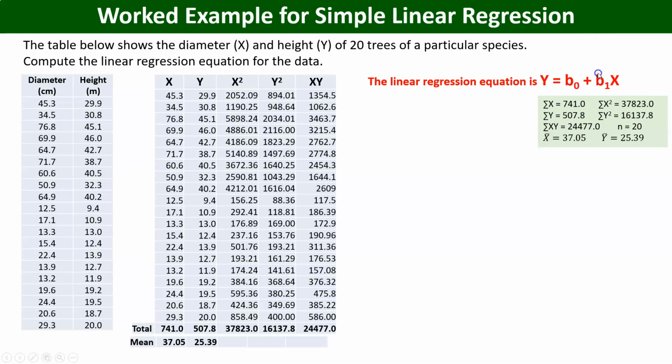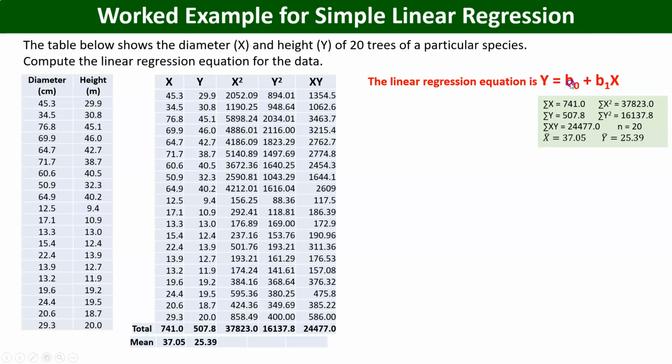And of course, there are different ways of doing the estimation, but the commonest one is usually the ordinary least square method, OLS method. So that's the one we will do. But instead of going through the derivation on how to derive the formula, I'll just give you the formulas directly.